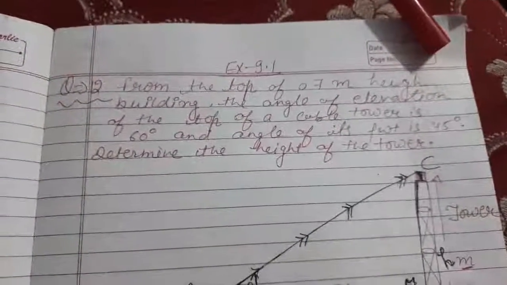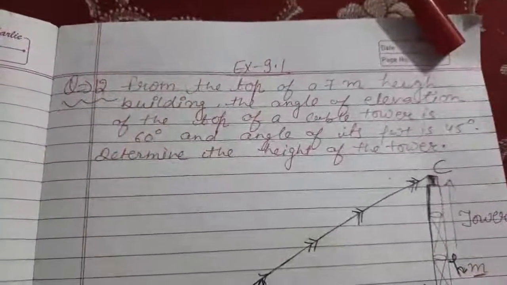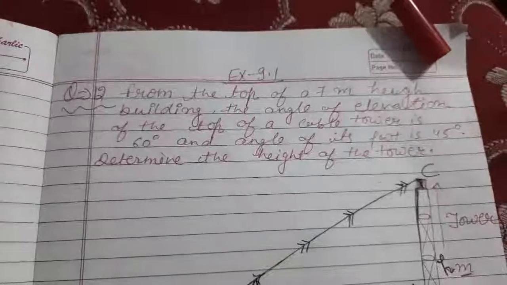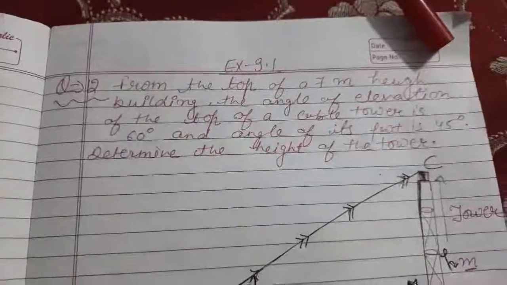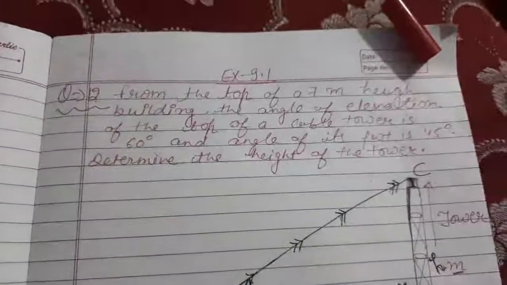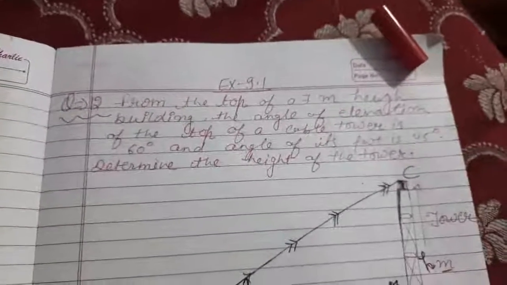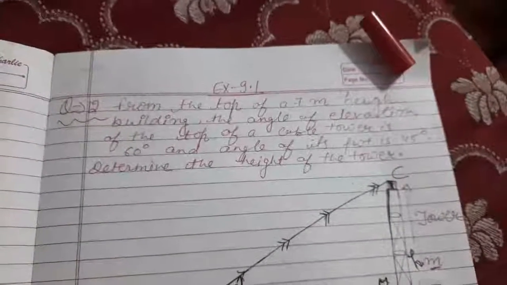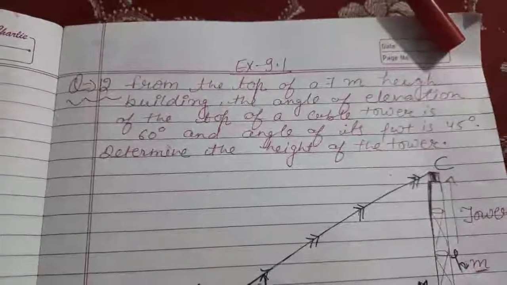Here only the angle of elevation is mentioned, but the angle of depression he is not saying. So we have to understand that in the second statement he is talking about the angle of depression, because from the same point, the top of the building, he is looking at the foot of the cable tower, which means he is looking downwards, so the angle of depression will be formed.